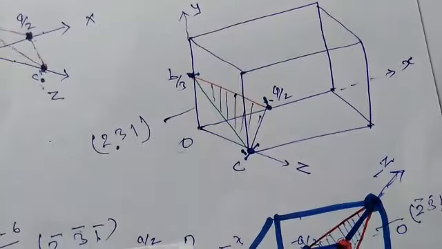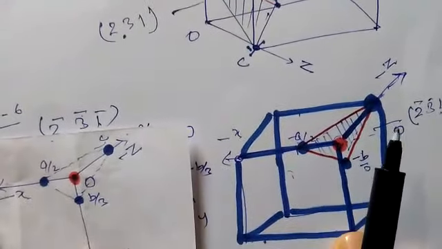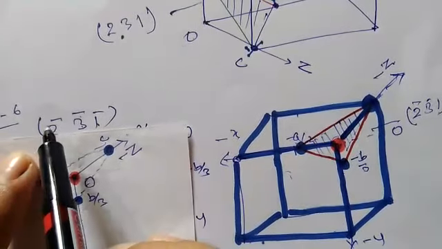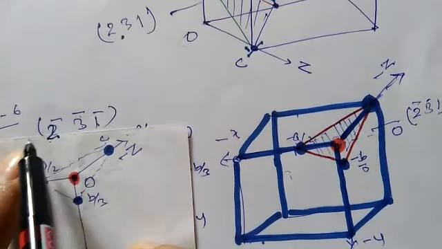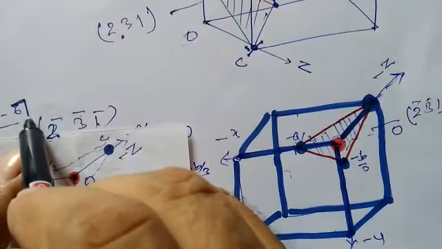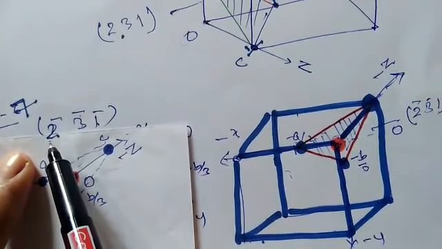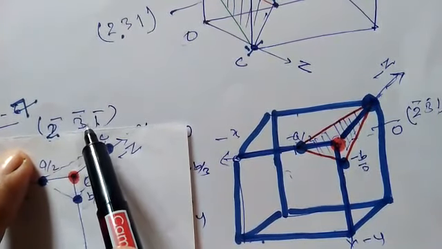Here is an interesting and very important thing. In example number 7, we are discussing the Miller indices 2 bar, 3 bar, and 1 bar.